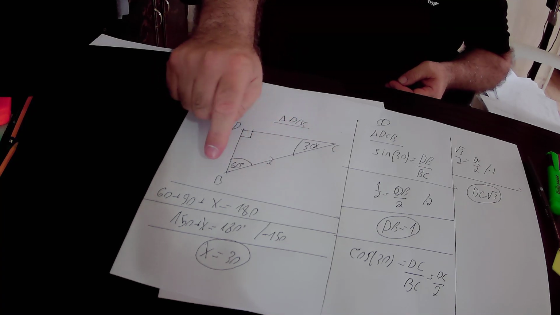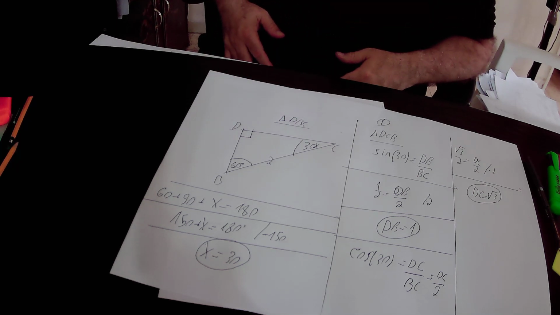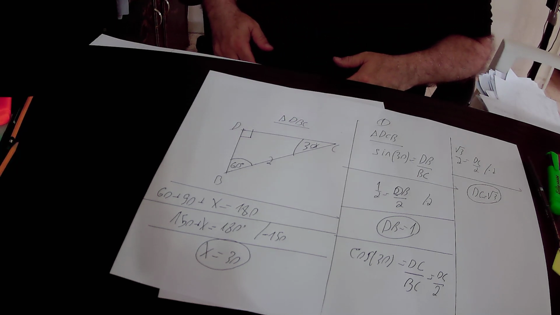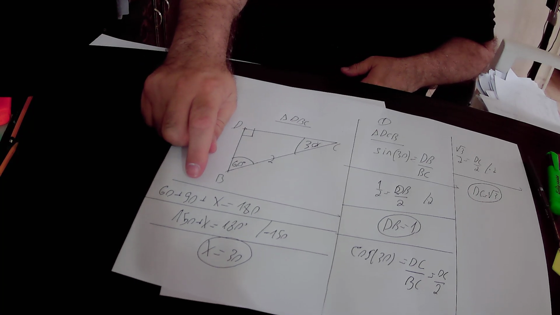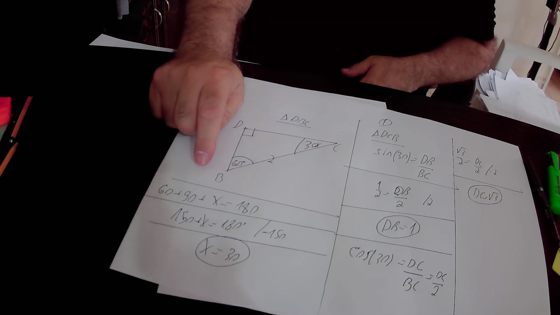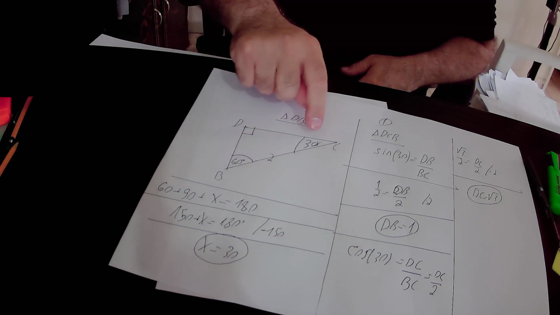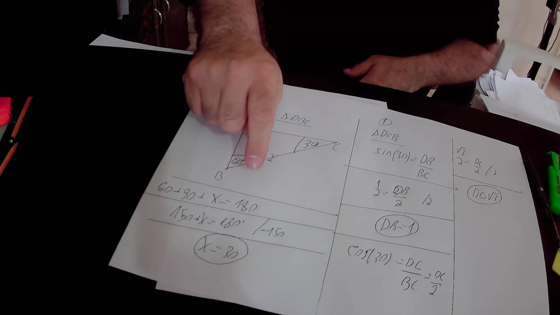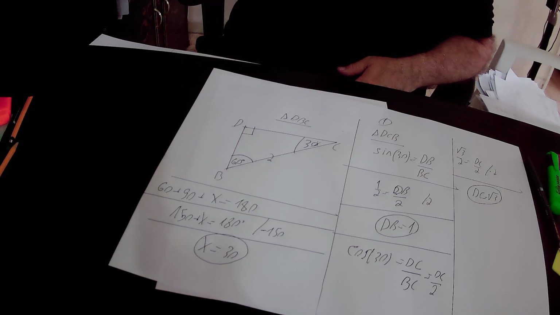In total, the sum of those three angles must be equal to 180 degrees, according to the rule that the sum of the angles in any triangle is equal to 180 degrees. 60 degrees plus 90 degrees is 150 degrees, and 150 degrees plus x must be equal to 180 degrees. Here we subtracted 150 degrees from this equation and found out that the missing angle x equals 180 degrees minus 150 degrees, which is equal to 30 degrees.